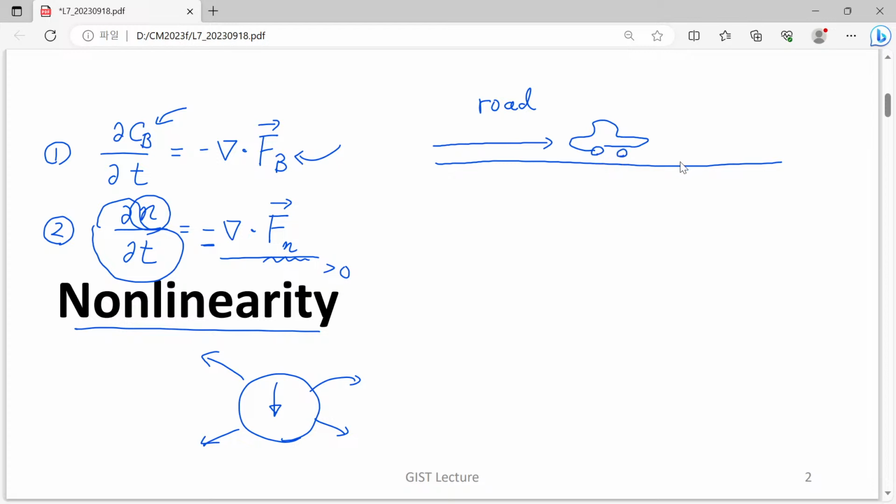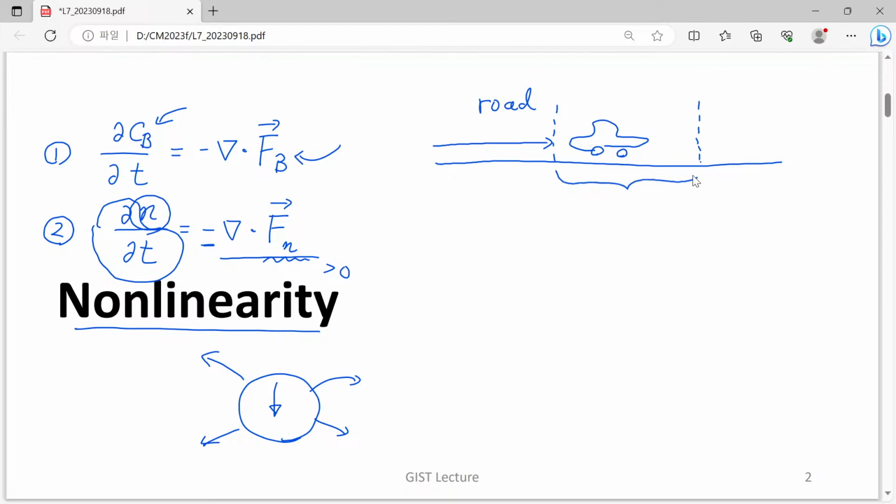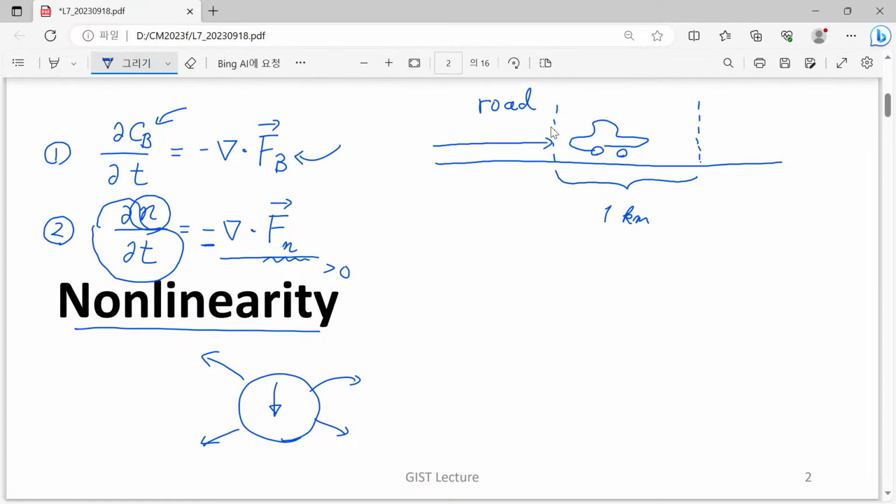If you want to calculate the net increase of cars within, for example, a 1 kilometer long interval, then what you can do is just count the number of incoming cars and the number of outgoing cars.